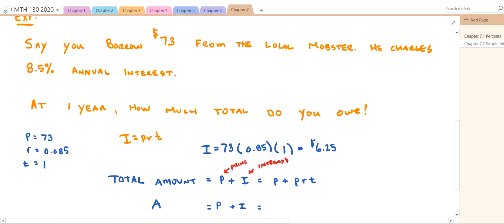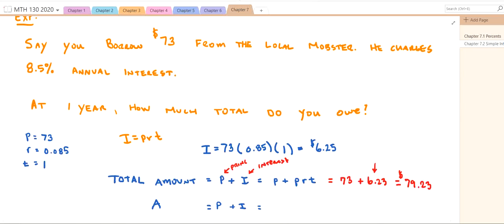I expanded out the interest, PRT, that we did up here. This is going to be $73 plus $6.23. So the total we owe is $79.23. So we're paying interest for the luxury of borrowing money.